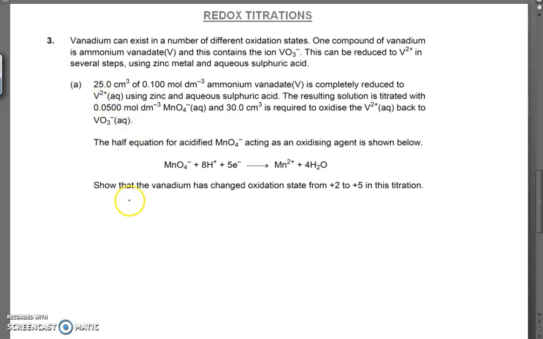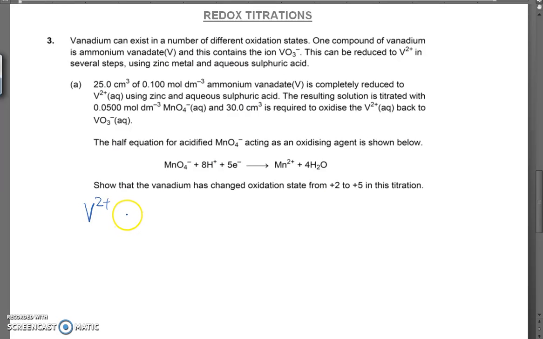So what we do know is that the moles of vanadium 2+ is going to be equal to the number of moles in 25 cubic centimeters of 0.1 mole per decimeter cubed ammonium vanadate. So we will now calculate the moles of vanadium 2+ to start with.